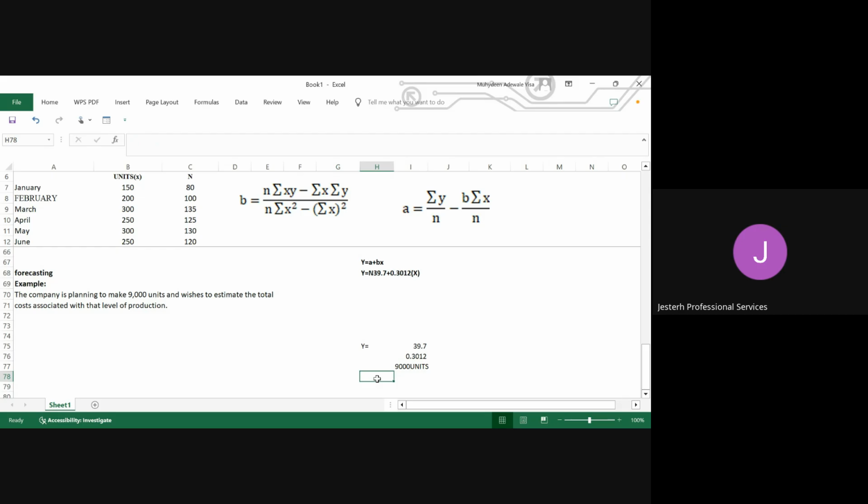Very simple. Let me first break this down so that we can get the total variable cost.